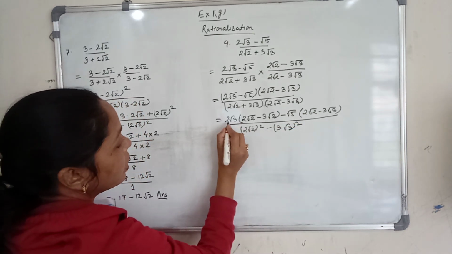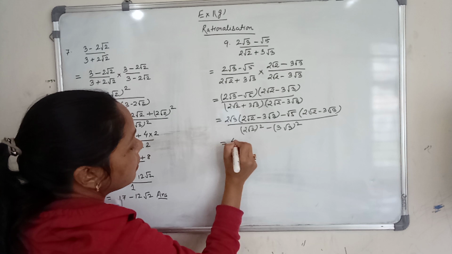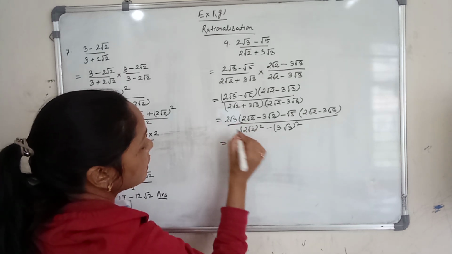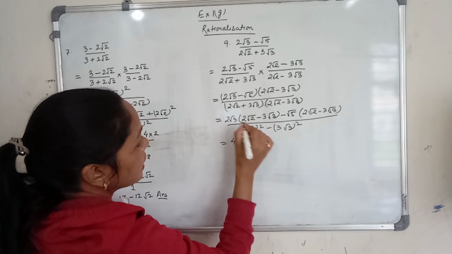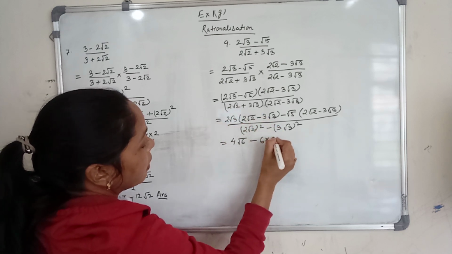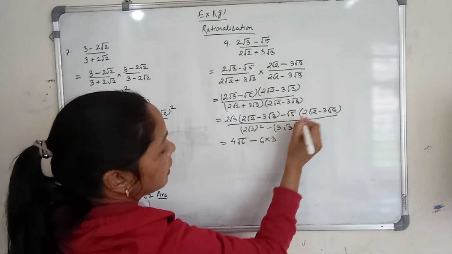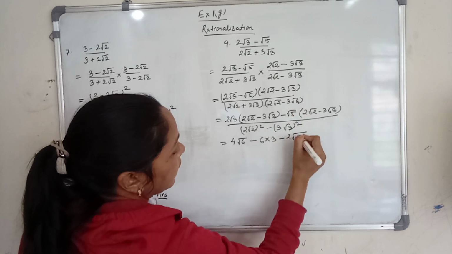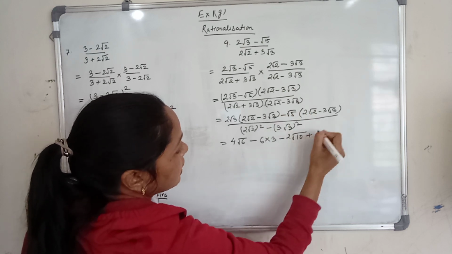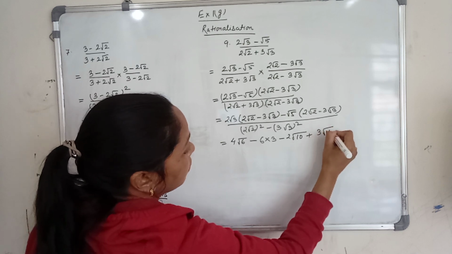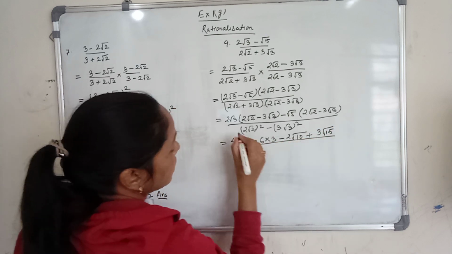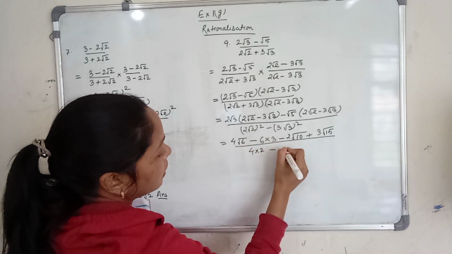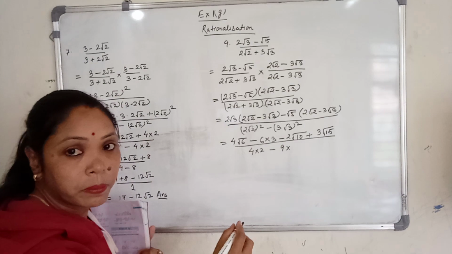Now multiply it. Rational to rational, 2 into 2 will be 4, and inside the square root 3 into 2 will be 6, minus 2 into 3 will be 6, and root 3 into root 3 will be 3. Now do the multiplication of this one. 2 and this is root 5 into 2 will be 10, minus minus becomes plus, so 3 root 15 by, this one will be 2 into 2, 4, into 2, minus 3 into 3 will be 9, and root 3 into root 3 will be 3.